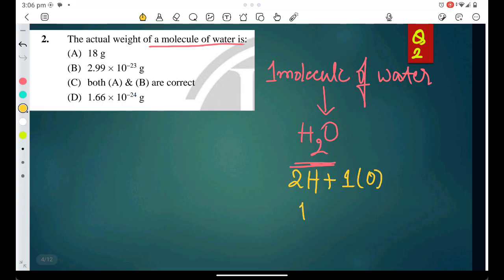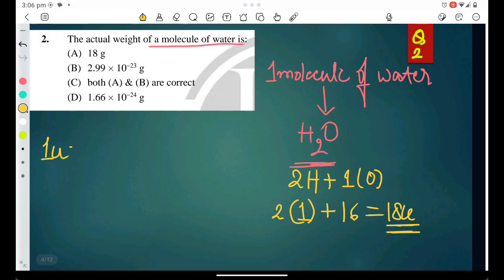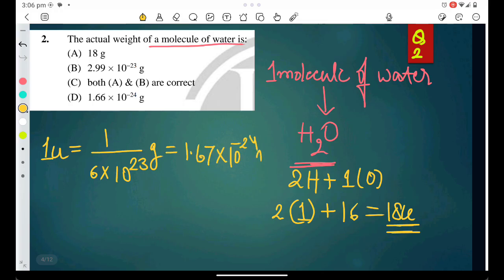The mass of hydrogen is 1 and the mass of oxygen is 16, so it is 18 u. I think you know the calculation. So 18 u is the mass of water, and 1 u is equal to 1 by 6 into 10 to the power 23 gram, that is equal to 1.67 into 10 to the power minus 24 gram.